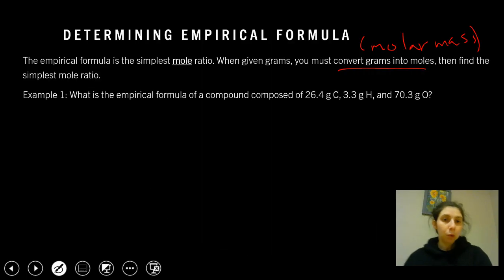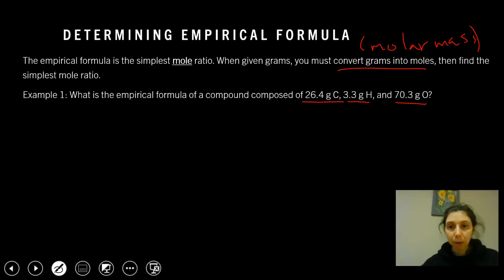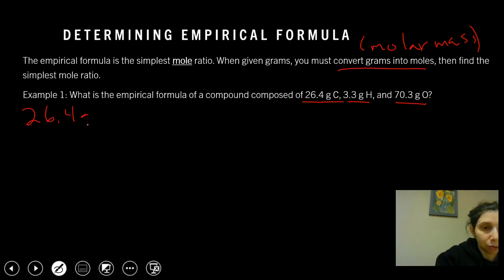So example 1, what is the empirical formula of a compound composed of 26.4 grams carbon, 3.3 grams of hydrogen, and 70.3 grams of oxygen? So our first step is to convert grams into moles. I'm going to take 26.4 grams of carbon and convert it into moles. So moles has to go on top, grams of carbon will go on bottom.